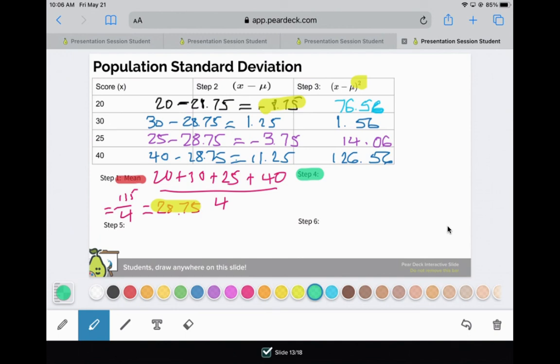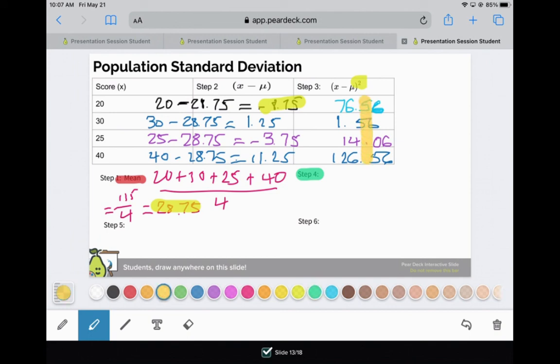So remember, every step I do something with the previous step. So what do I do with step 3? Yes, that is correct. Add them together. Thank you. That means I'm going to add all of these numbers together.